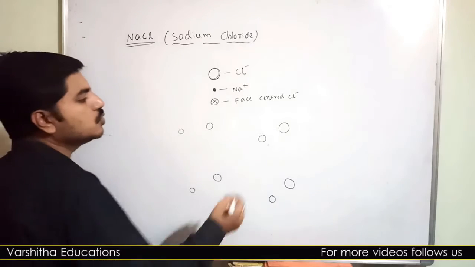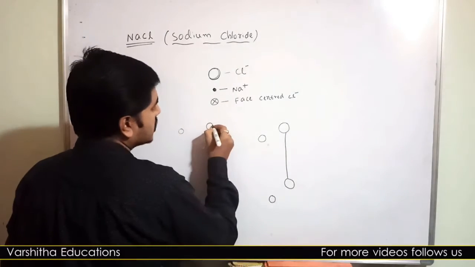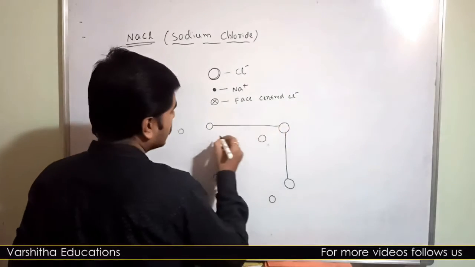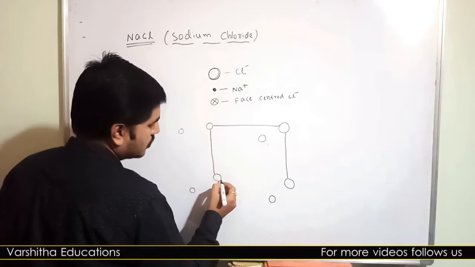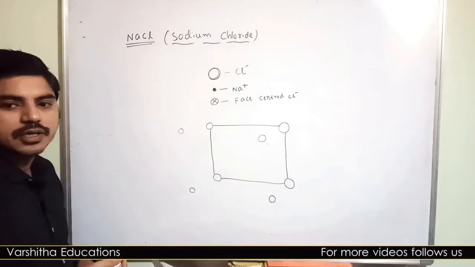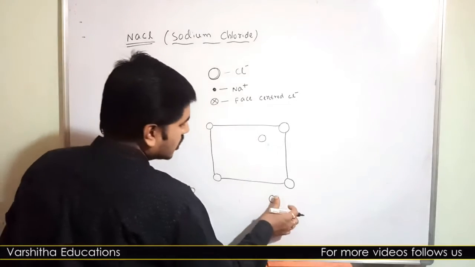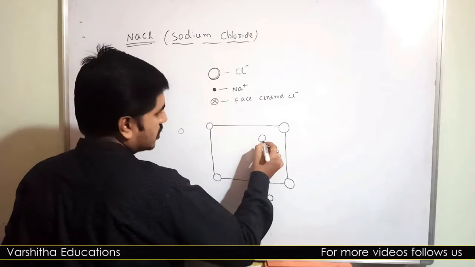Now you join the circles. How will it look? It is just a square. Once you observe, it should be one square, and here it will be one more square. I am going to show the position of the circle like this.